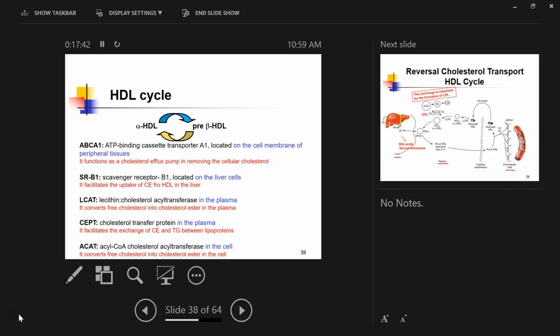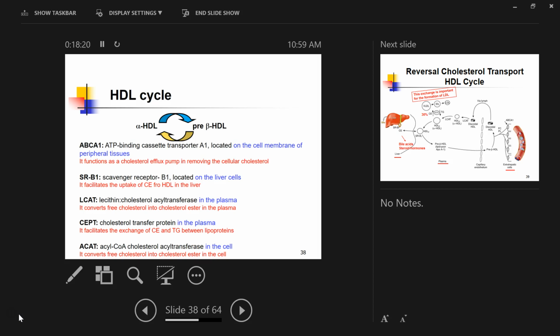So if we somehow have lower levels of ABCA1, what kind of problem will we have? If we don't have enough ABCA1 for some reason in our artery wall cell surface. Yes? Yeah, cholesterol cannot be exported from the peripheral cell to the beta HDL.